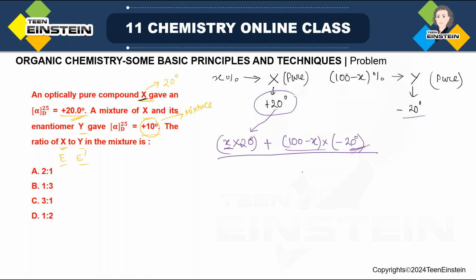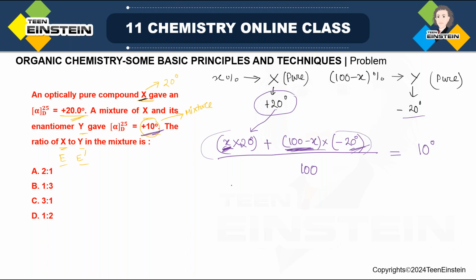Now divide this whole thing by 100, because we have considered the total mixture as 100. This is the percentage of capital X, and this is the percentage of capital Y compound. Ultimately this is equal to 10. So this 10 degree is for the mixture, because ultimately this whole quantity is the mixture, right?